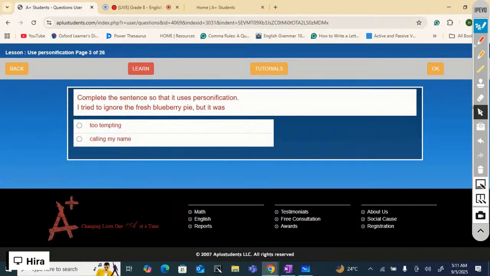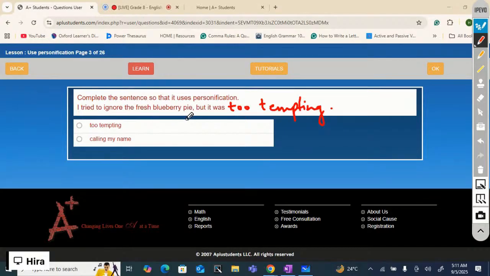Well, if I select option number one, "I tried to ignore the fresh blueberry pie, but it was too tempting." If I use these words to complete the sentence, it doesn't use personification because there is no human quality given to any inanimate object.